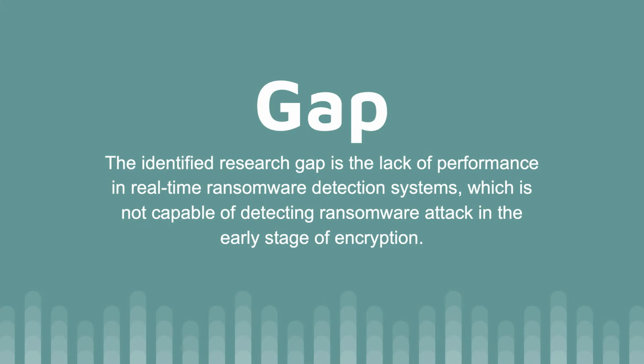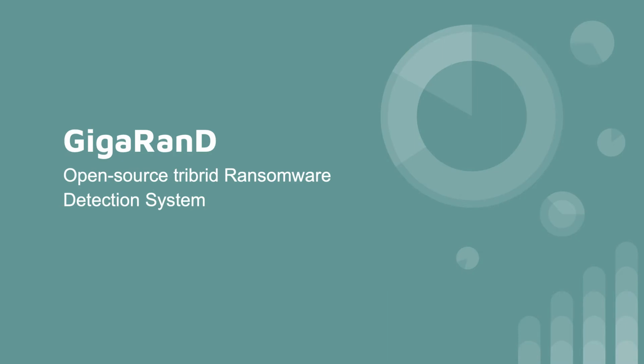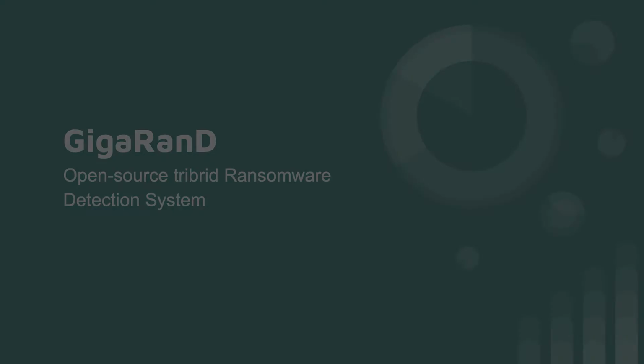The identified research gap is the lack of performance in real-time ransomware detection systems, which are not capable of detecting ransomware attacks in the early stage of encryption. From the GigaRanD project, I was able to develop a faster performing real-time ransomware detection system.